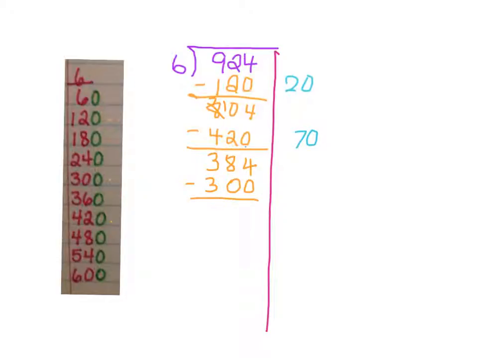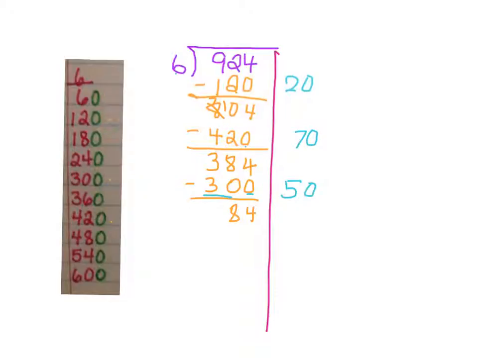Okay, so I know that 30 divided by 6 is 5, plus the other 0 makes 50. And then I can subtract 4, 8, 3 minus 3 is 0. So now I'm left with 84.